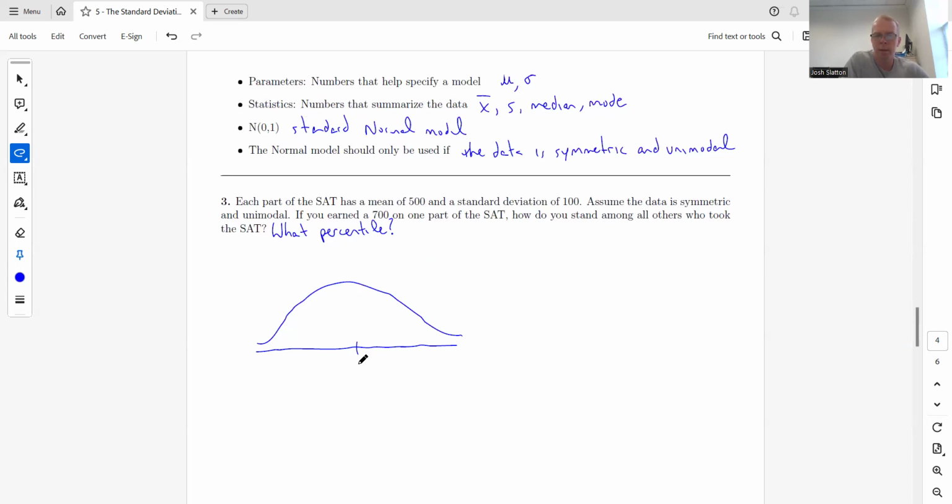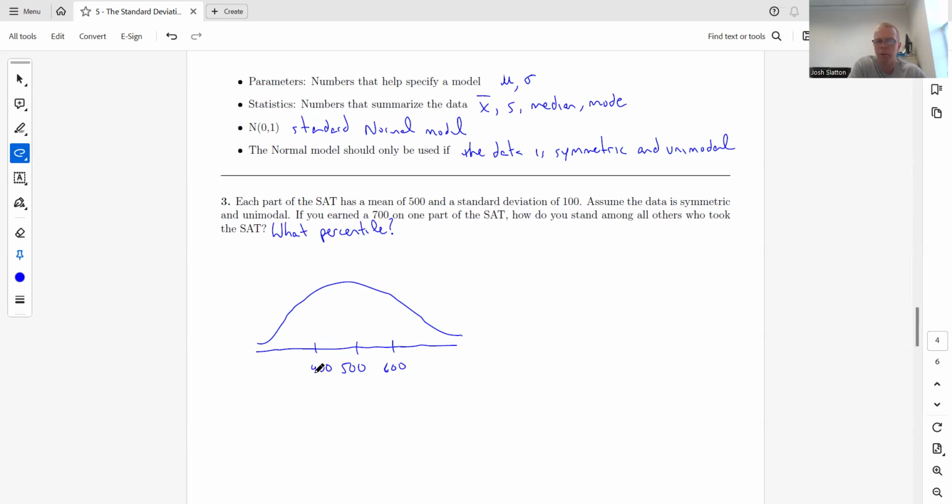So what goes right in the middle? The mean always goes in the middle. It's always the first thing you do. And we're going to use the 68, 95, 99.7 rule. So we're going to add and subtract the standard deviation. If you add the standard deviation, you get 600. You subtract it, you get 400.